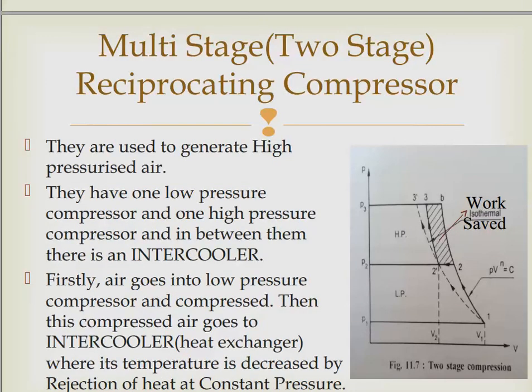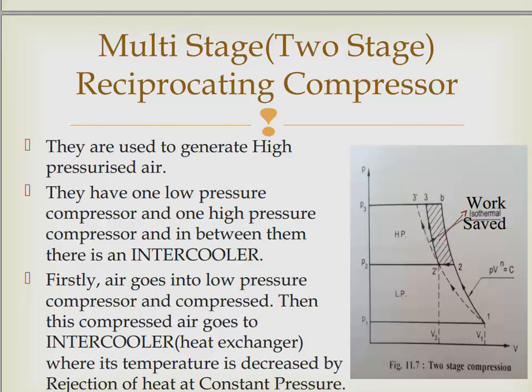Multi-stage or two-stage reciprocating compressors are used to generate high pressurized air. They have one low pressure compressor and one high pressure compressor, and in between them there is an intercooler.